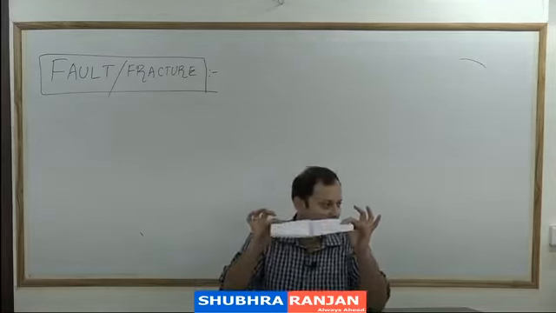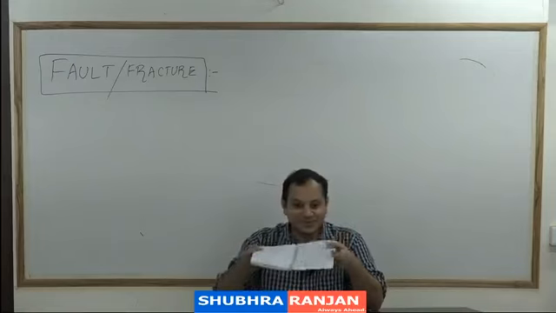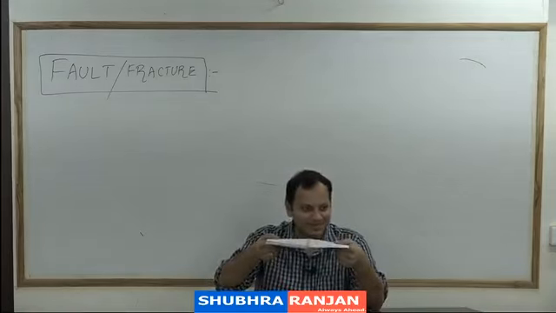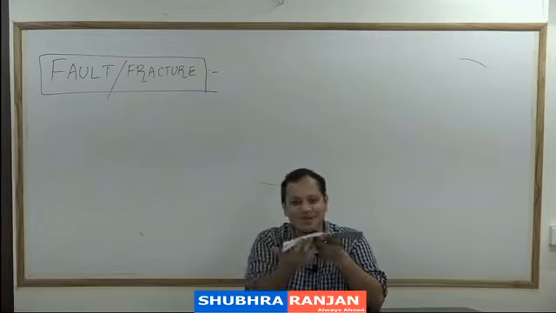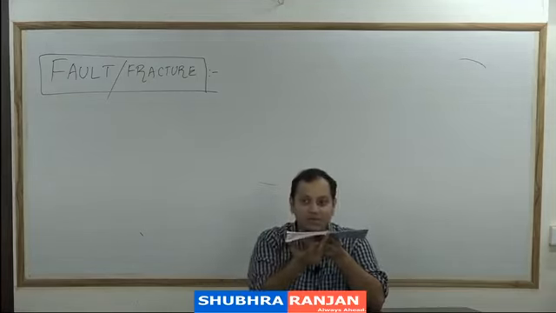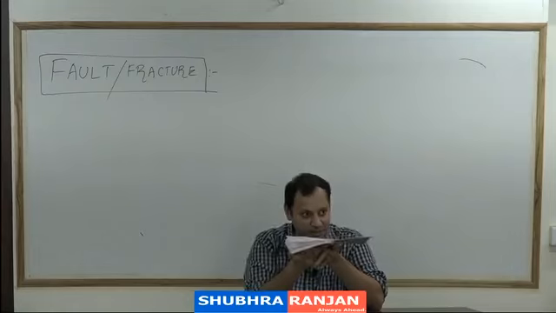In the central part. Why is it so? Why will it break if I pull it more? Because this is the weakest part. Why is it the weakest part? Because it is having a joint. It is not compact, because it is joint.